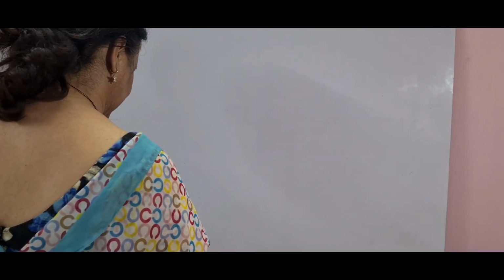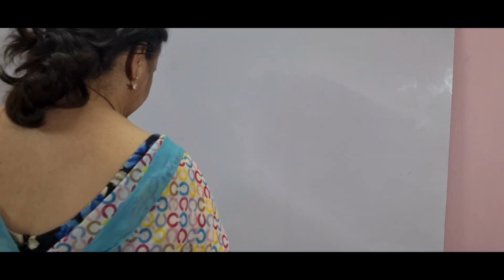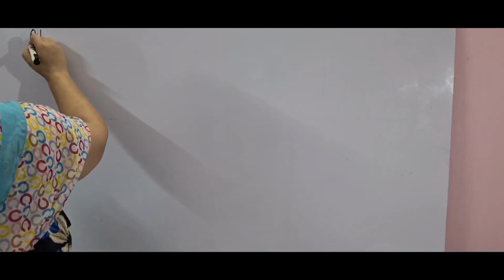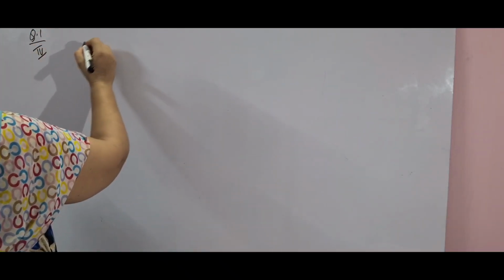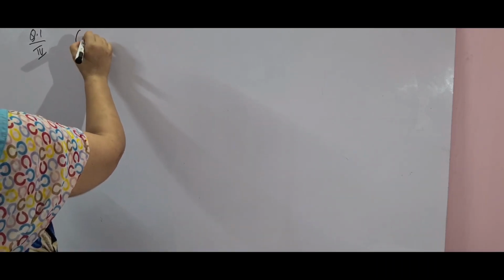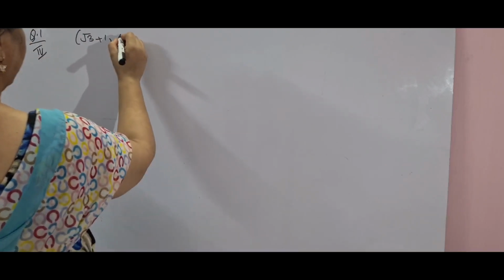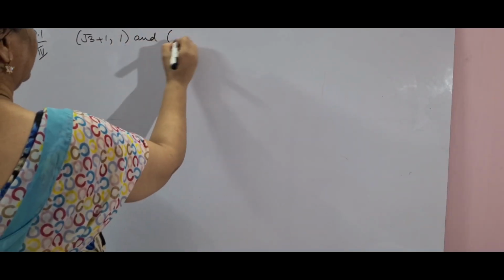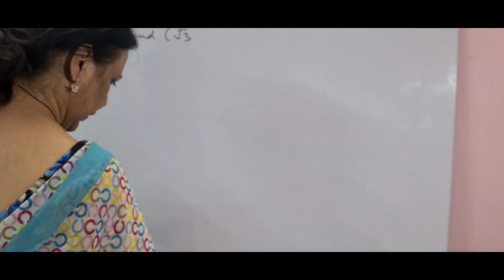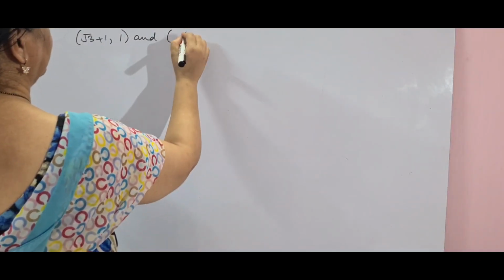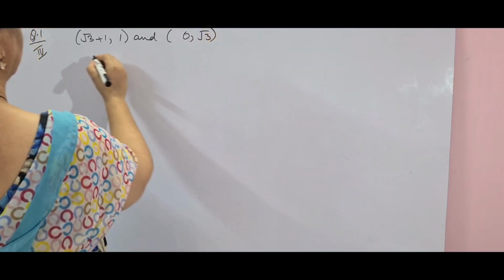Now coming to exercise 28, I will do one of the sums, starting from question number 1, 4th part. Very simple, a direct application of the formula: root 3 plus 1 comma 1 and root 3, 0 comma root 3. So I have to find the distance.